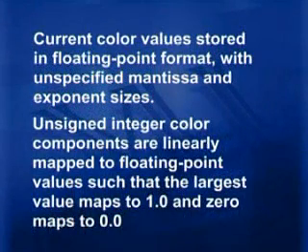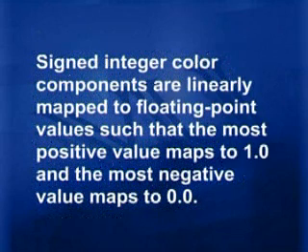Current color values are stored in floating point format with unspecified mantissa and exponent sizes. Unsigned integer color components are linearly mapped to floating point values such that the largest value maps to 1.0 and 0 maps to 0.0. Any lower value would also be clamped to 0.0 whenever we are making use of the clamp idea.